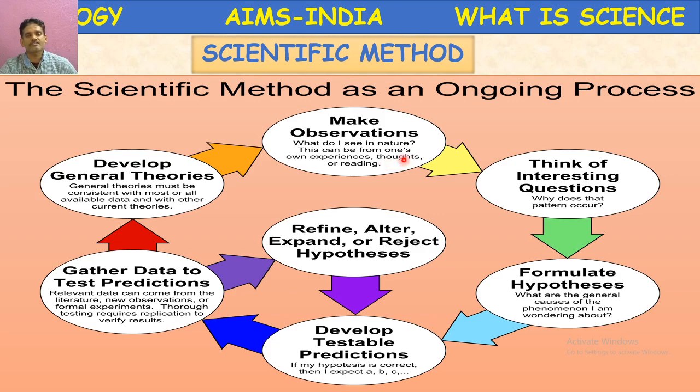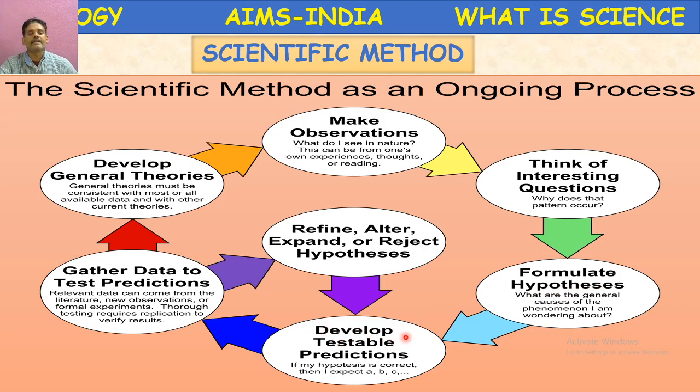It may be thoughts or reading. Next, think of interesting questions. Why does that pattern occur? A question. Next, formulate a hypothesis. What are the general causes of the phenomenon I am wondering about? Like that, you have to formulate the hypothesis.